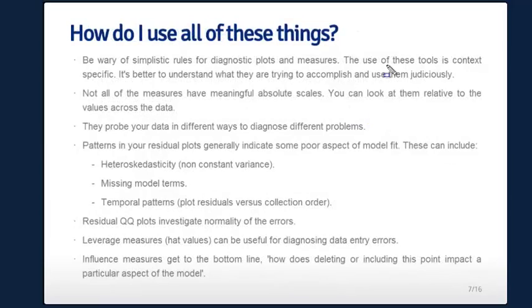of how you get the PRESS residuals. So how do I use all these things is probably what you're asking yourself. And the number one rule, I would say, is be wary of simplistic rules for diagnostic plots and measures. I prefer to think of these tools as being context specific.